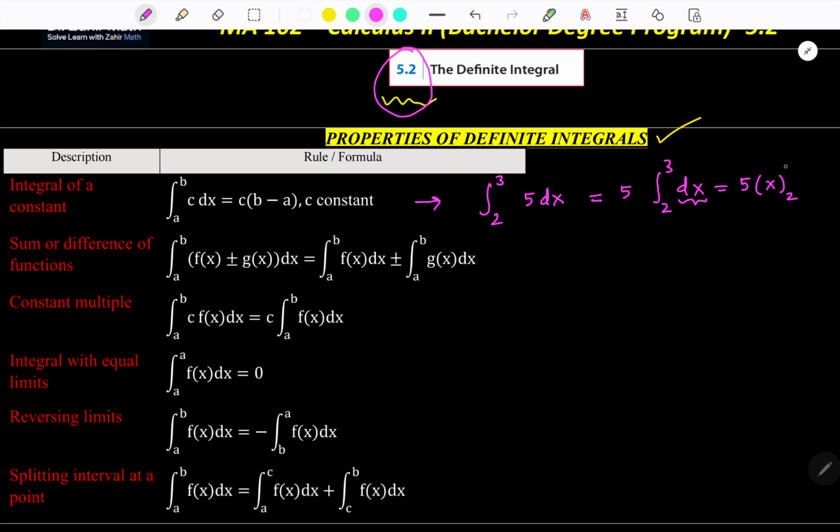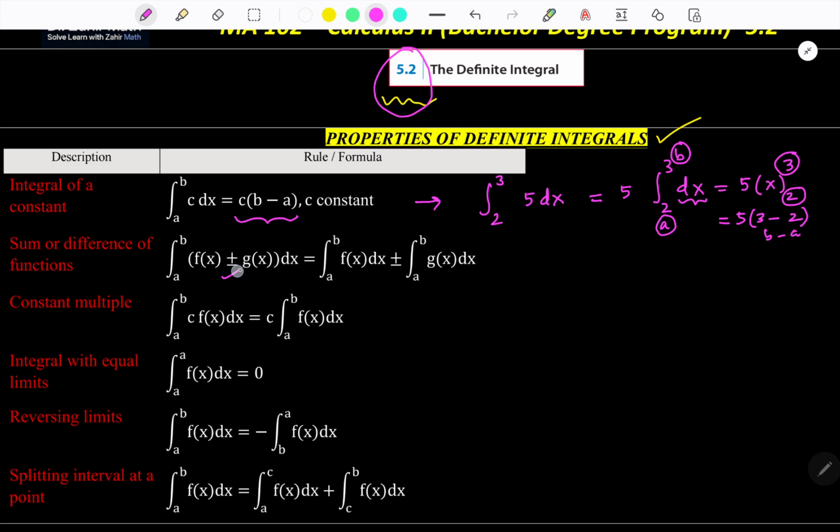It is x, from 2 to 3. Then upper limit, which is 3, minus lower limit, which is 2. In this way, we are going to solve the question. This is what is written here: c times (b minus a). So this is your a and this is your b. So b minus a. Clear?